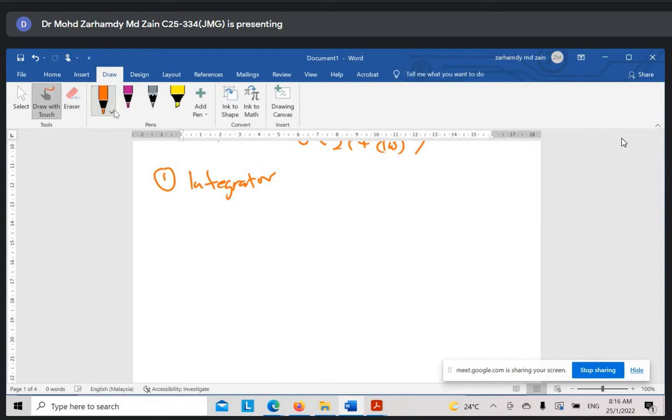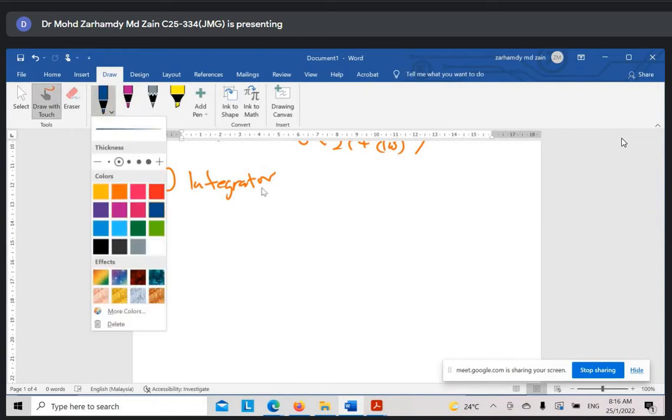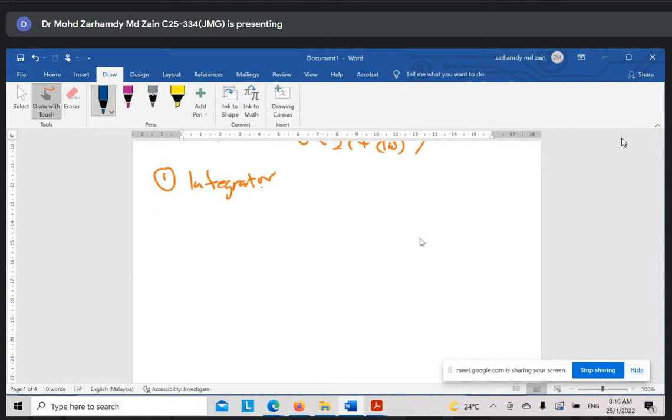Okay, let's use another color. Integrator. Everybody knows we have G(s) equal to 1 over s. If we concentrate on frequency response, we have 1 over j omega. The gain of this integrator is 1 over omega.